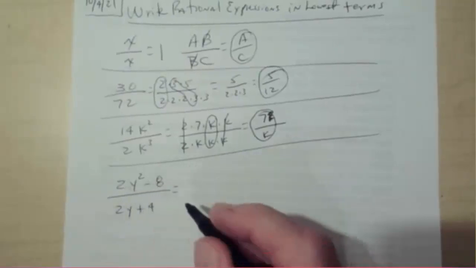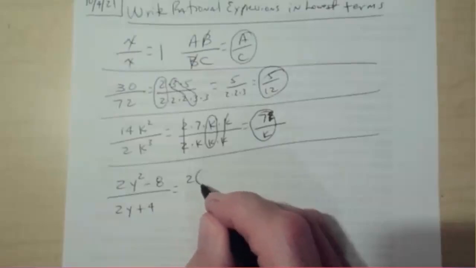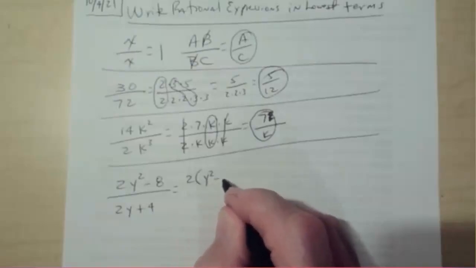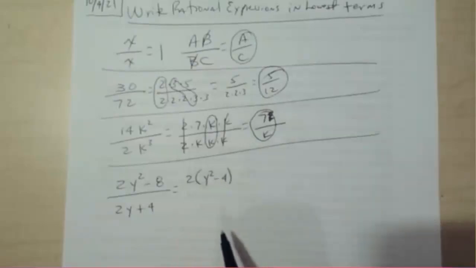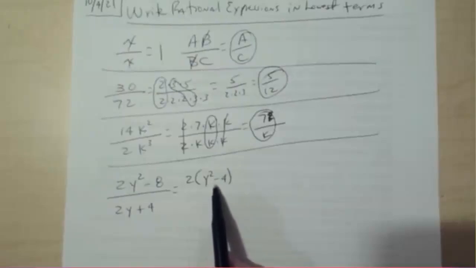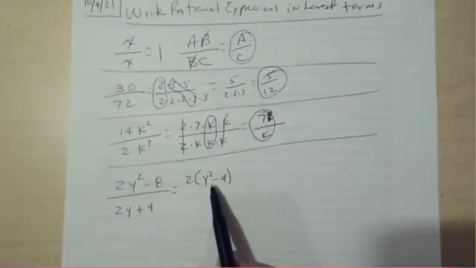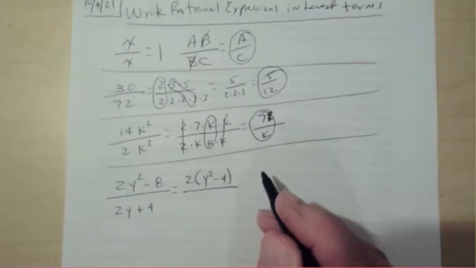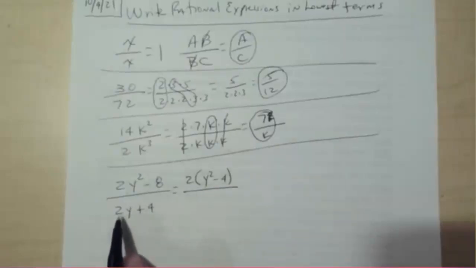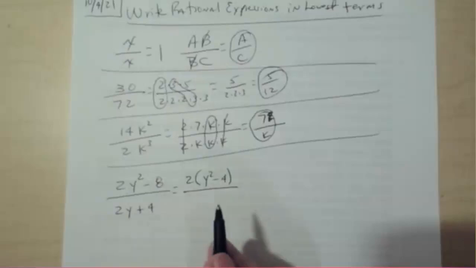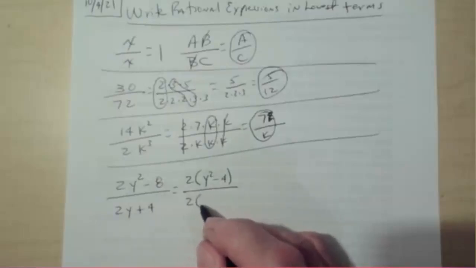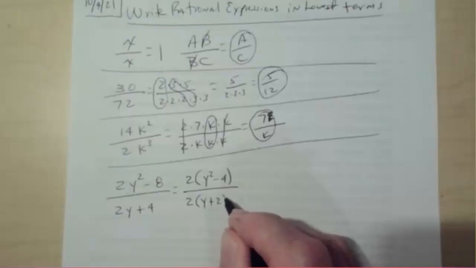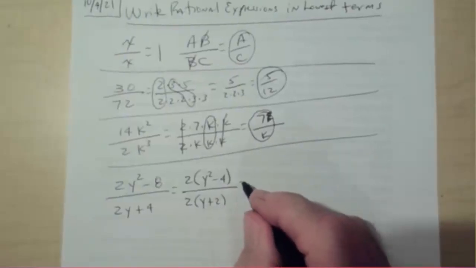We can factor a 2 times y squared minus 4. Now y squared minus 4 is what? It's a conjugate, right? Always look for these because it's going to help you out. Now again, what can we factor out of this? We can factor a 2, y plus 2. Now that's not a conjugate, obviously.